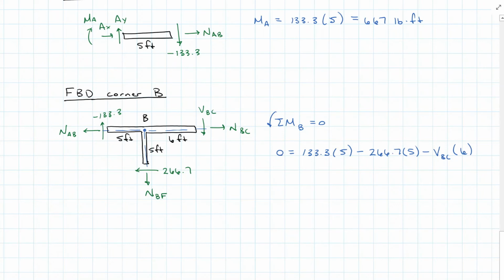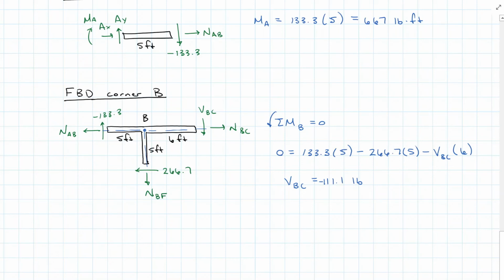So I've got the 5 feet from A to B, the 5 feet from B to F, and then because the bay is 12 feet from B to C, half of that is 6 feet to that midspan. And I solve for my internal shear BC is equal to 111.1 pounds. I also get a negative value, so it is also acting up.